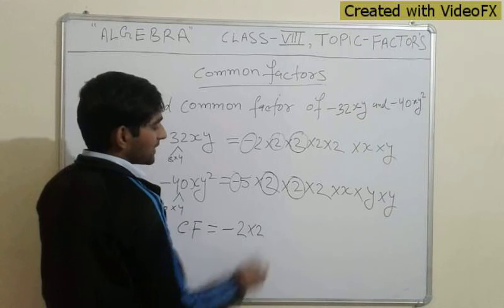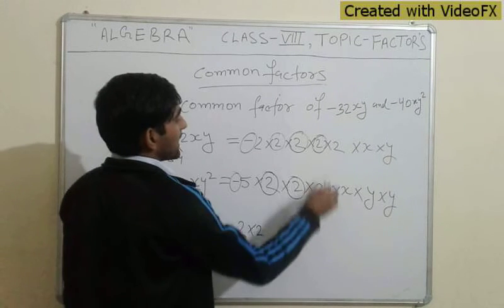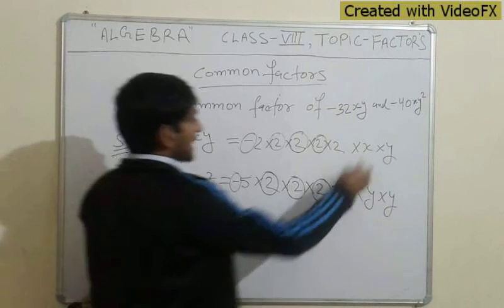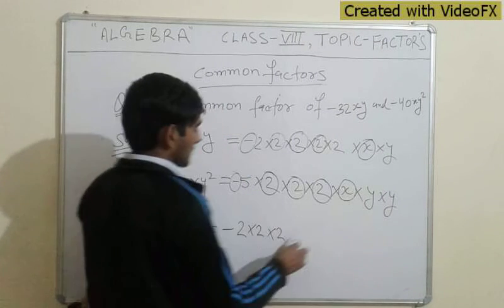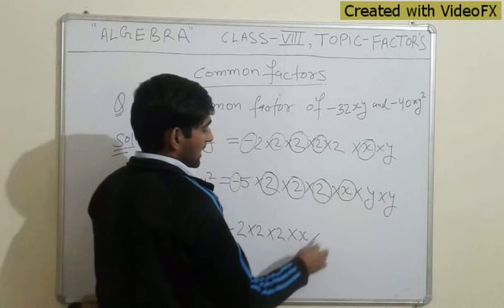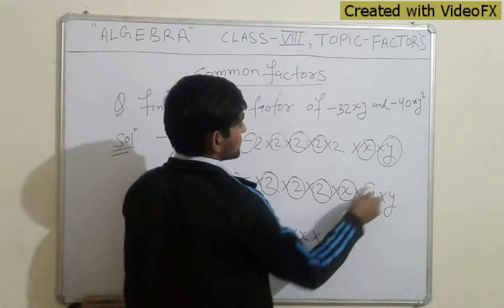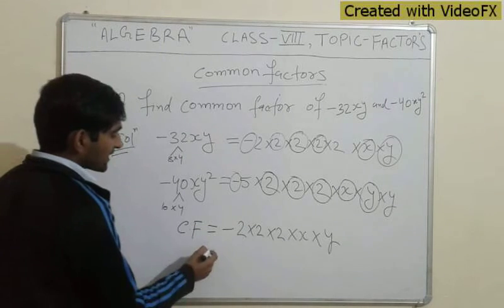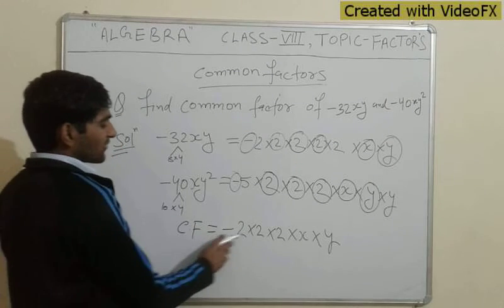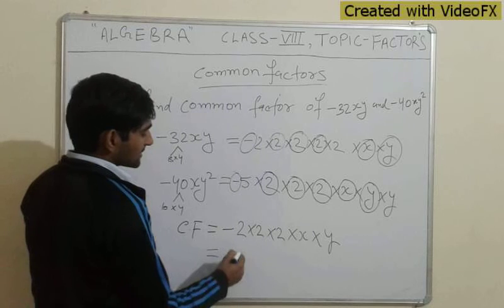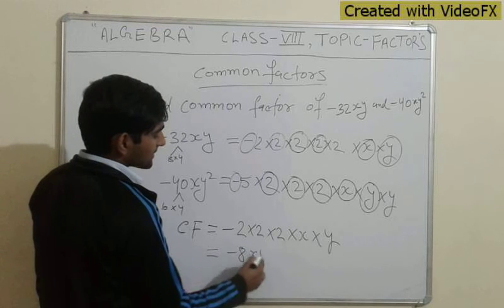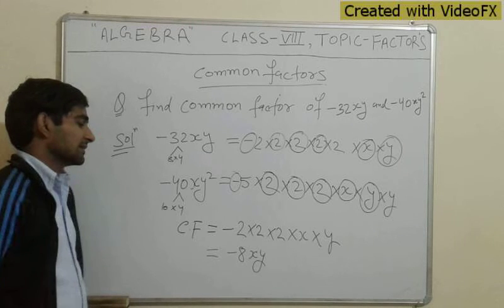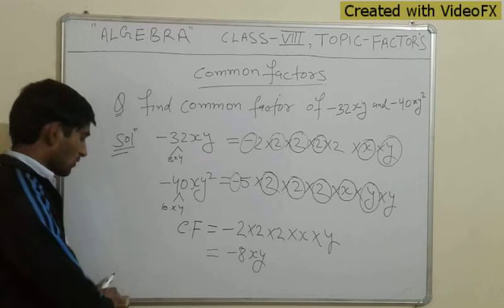Again 2 is common, this one and this one. Again 2 is common. This x and this x. And this y and this y are common. Finally, we got 2 times 2 is 4, 4 times 2 is 8. Minus 8xy is the common factor.